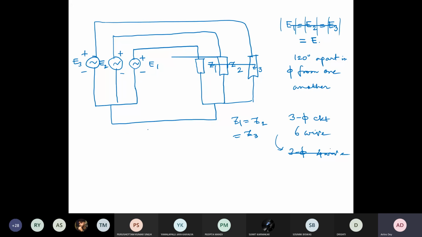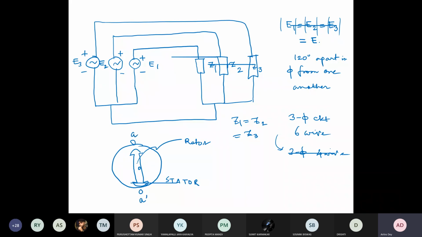Okay, so whenever we develop polyphase or three phase supply, we should have an alternator like this. This is your stator, which is having the armature coil, and this is your rotor. And you place a coil here, A dash, in the armature circuit.